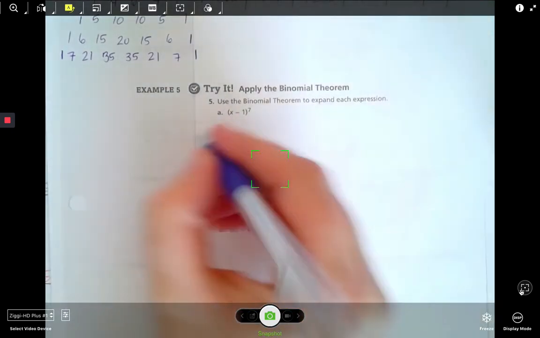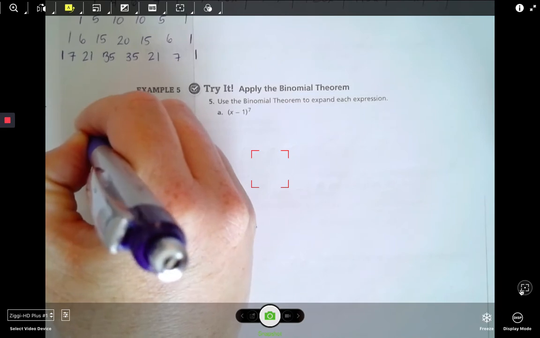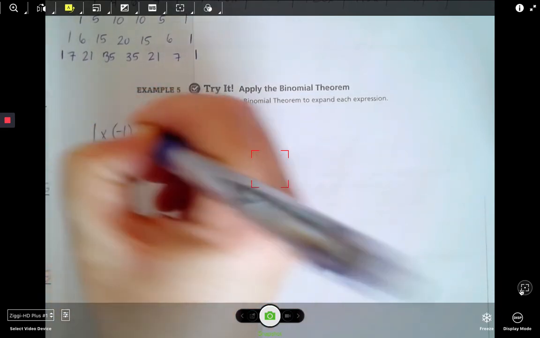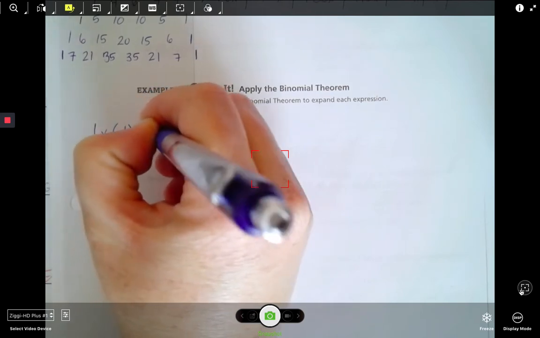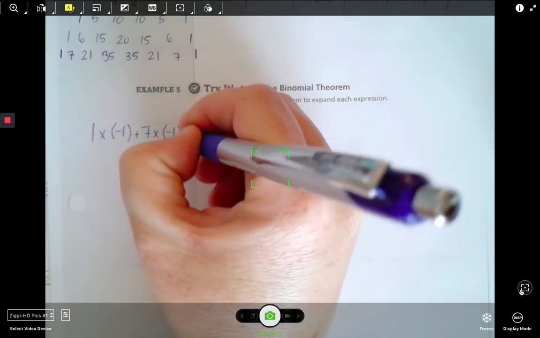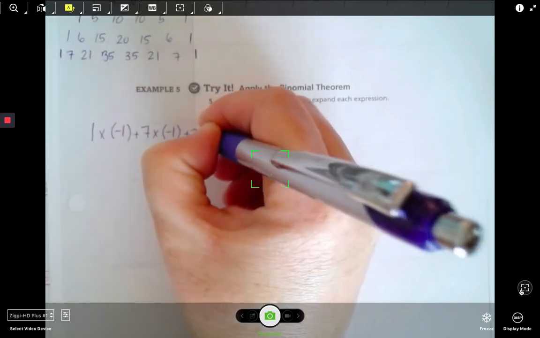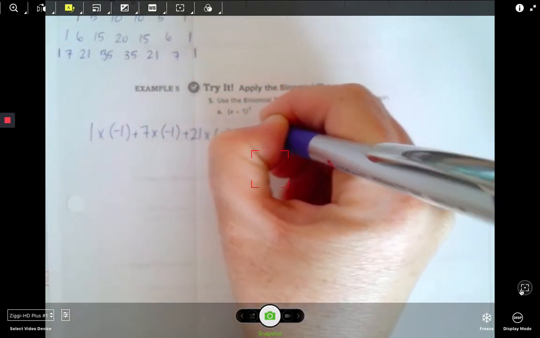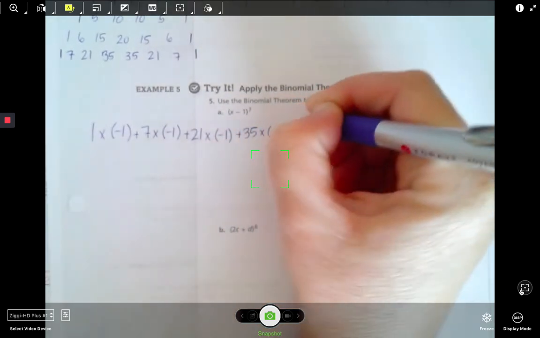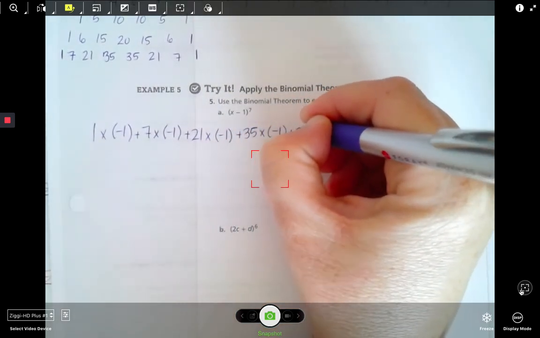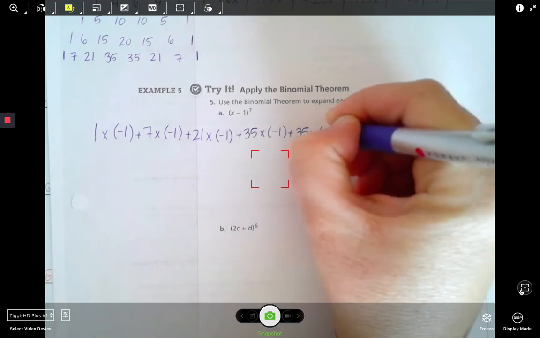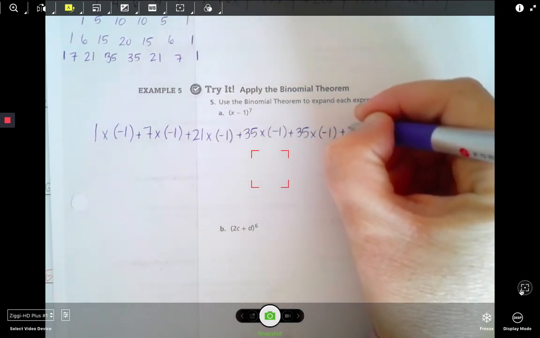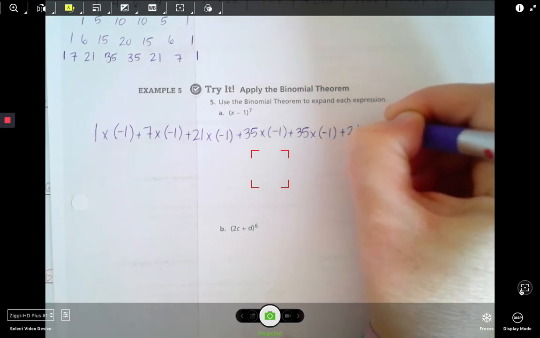So I've got 1 times x times negative 1 plus 7 times x times negative 1 plus 21 times x times negative 1 plus 35 times x times negative 1 plus 35 times x times negative 1 plus 21 times x times negative 1.